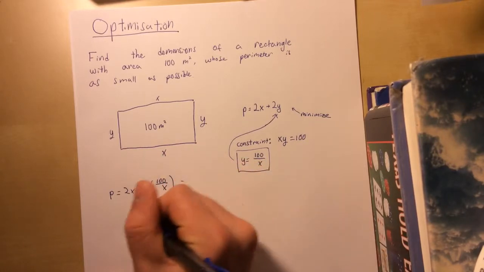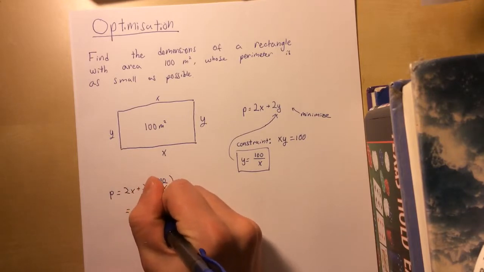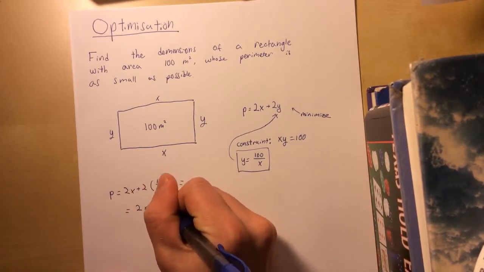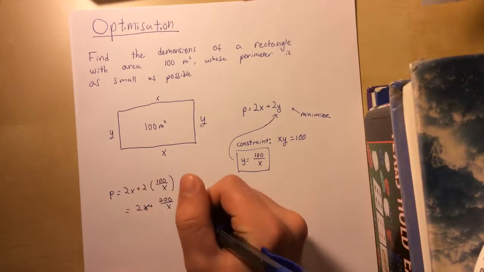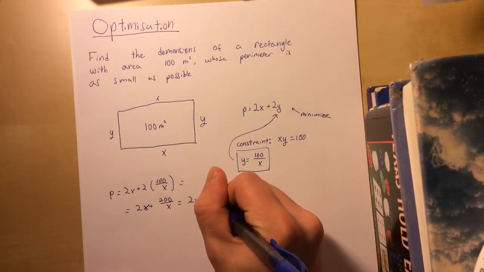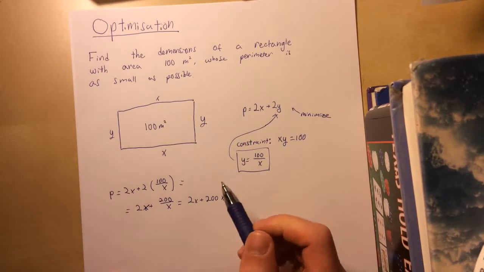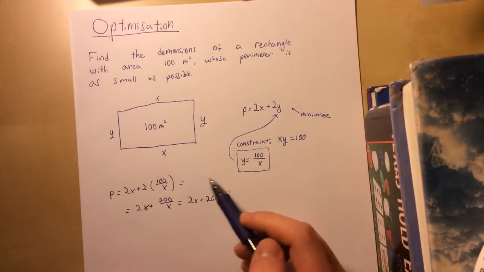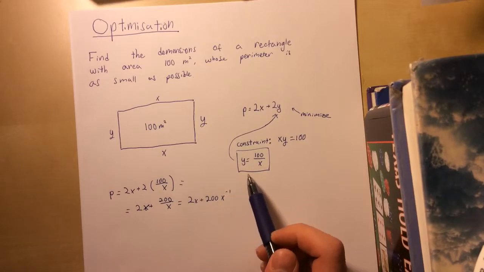And that's going to equal 2x plus 200 over x. And I'm just going to rewrite that as 2x plus 200x to the negative first, because soon we're going to take the derivative, and that'll just make it easier.